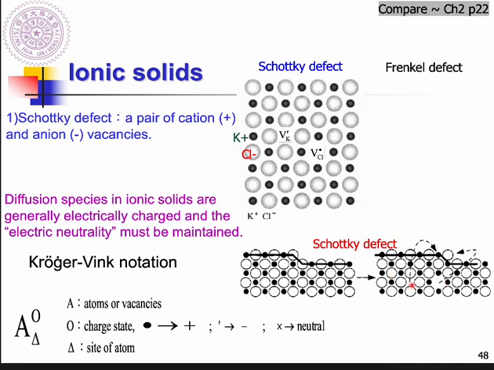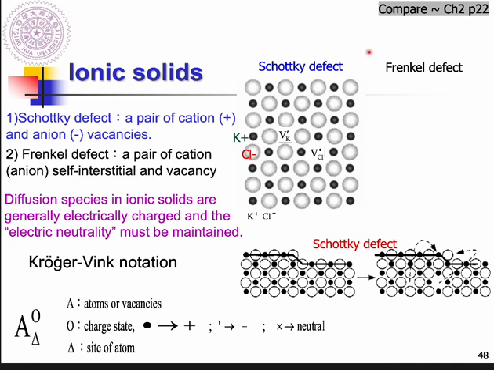This we call Schottky defect formation. And just for your reference, the small ball with positive charge has a smaller size than the chloride ion, because the chloride ion has extra electrons surrounding it, so we use a larger size to represent chloride or the anion.